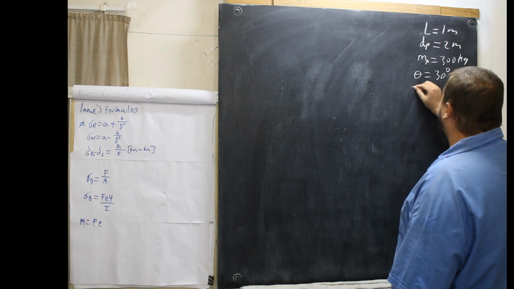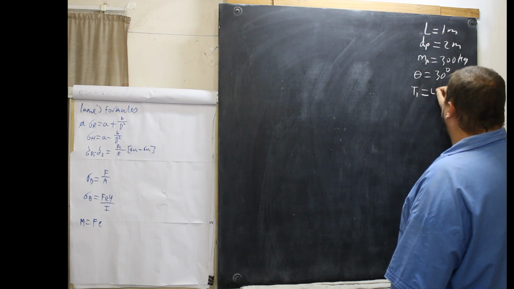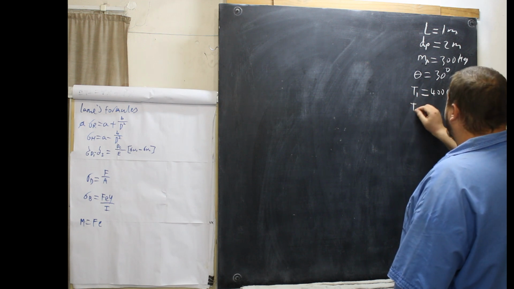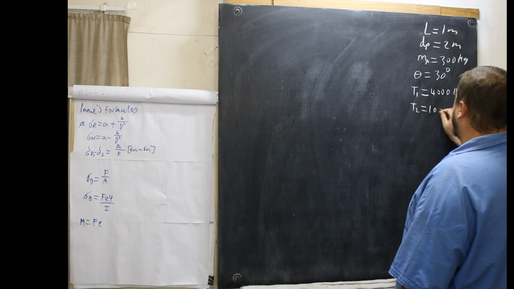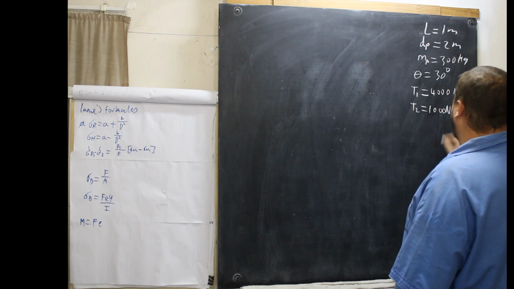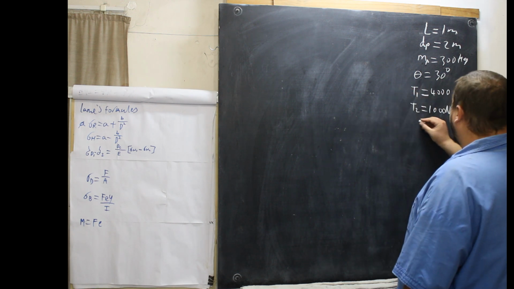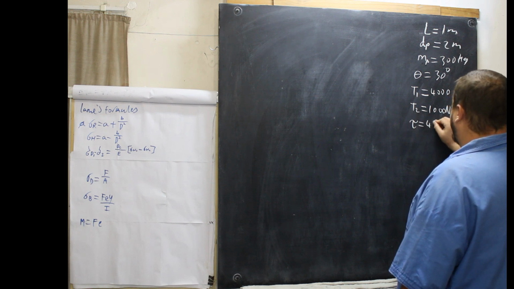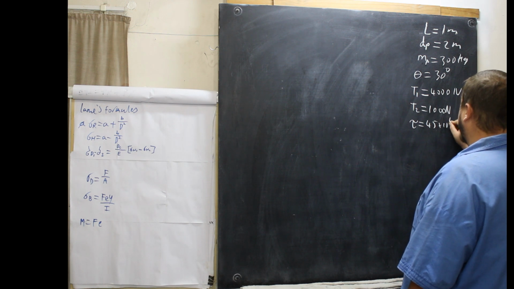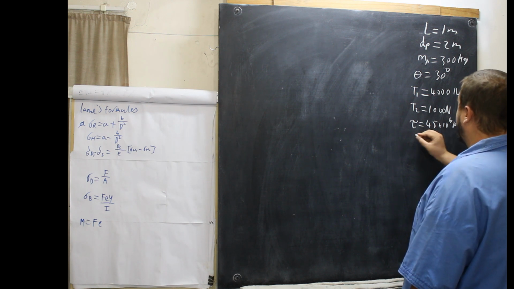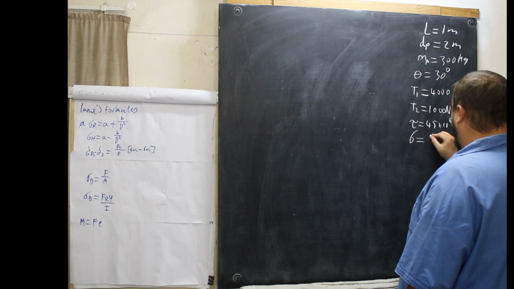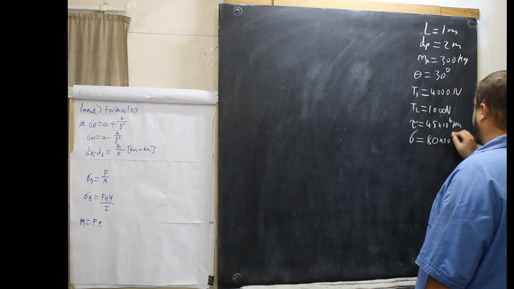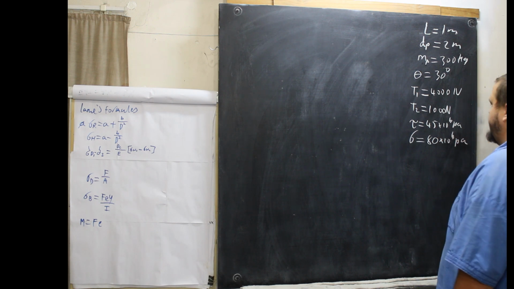Our tight side tension, T1, is 4,000 newtons. T2 is 1,000 newtons. And our shear stress is 45 times 10 to the 6 pascals. Our principal stress is 80 times 10 to the 6 pascals.